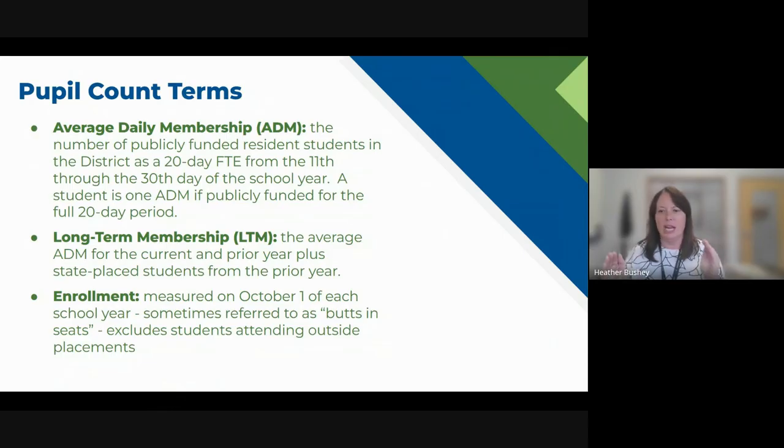So the dates change depending on when school starts and ends, but the 11th and the 30th days are consistent. And a student is one ADM if they were enrolled in your school for those entire 20 days. If somebody came in partway through, and maybe they were only there for 10 days out of that time frame, they would be half of an ADM.